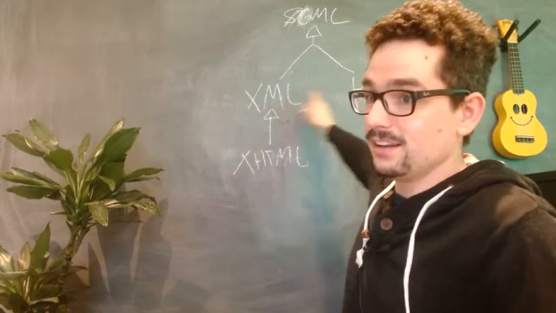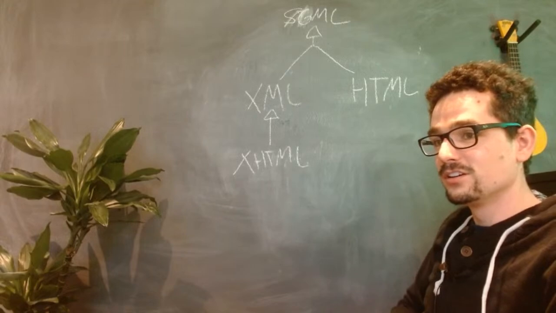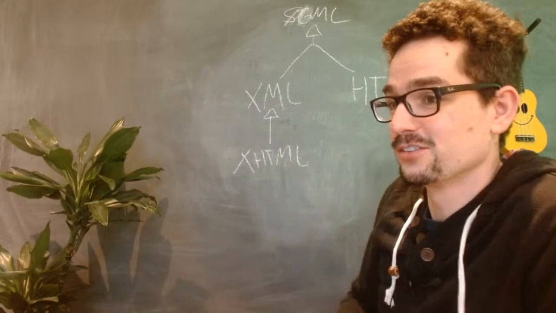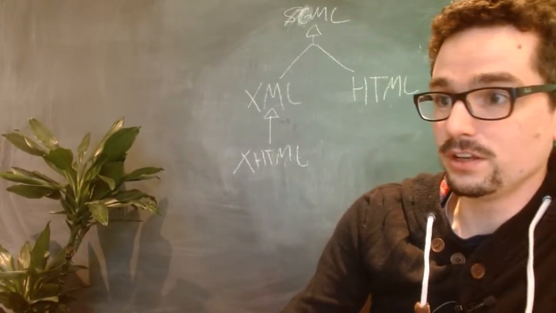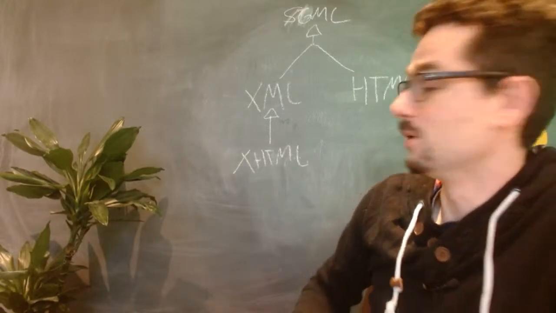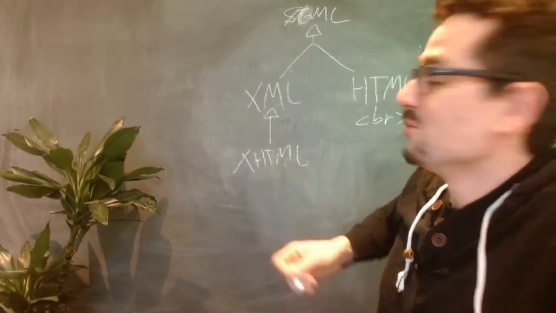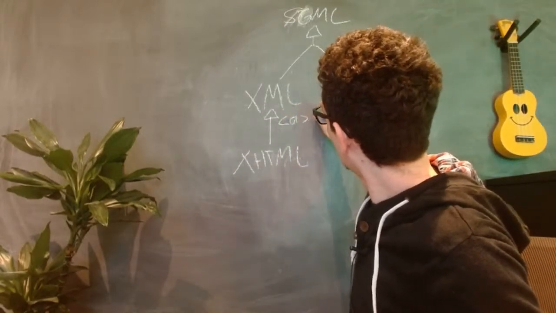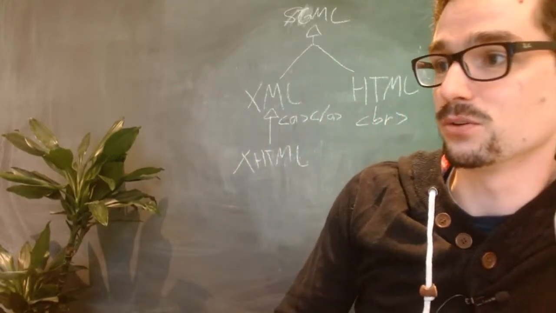So XML and HTML are not father and daughter, but they are brothers and sisters. So that's the thing to answer your question. So it is valid HTML to not close a BR command. So here you are allowed to make a line break and not close this line break, and here you have to open everything that you have to close everything that you open.